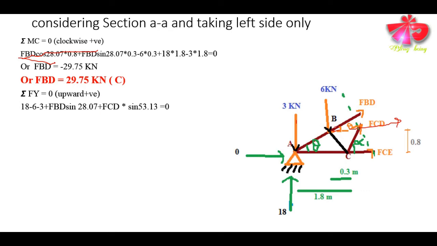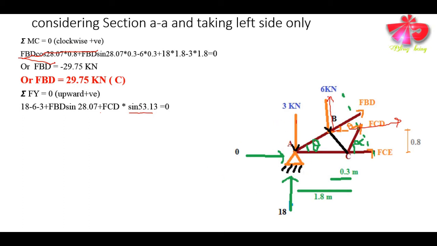This FBD vertical component will be acting upward, at an angle of 28.07, that is theta, and the FCD vertical component is again acting upward, so FCD into its vertical component, sine 53.13, that is alpha we have computed earlier, isn't it? So equals 0.